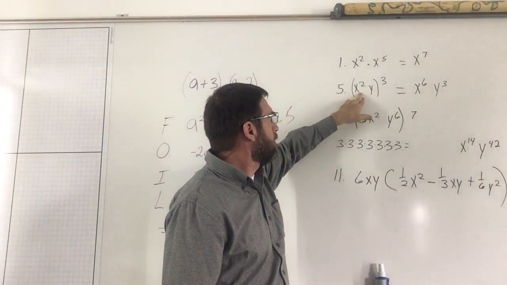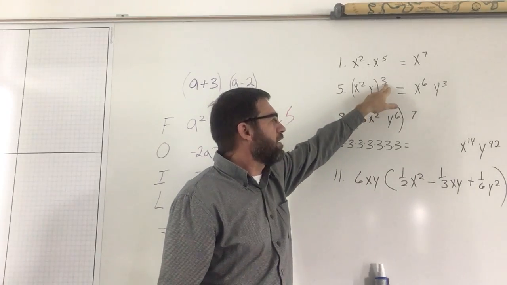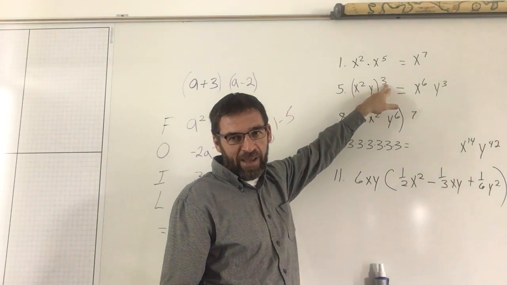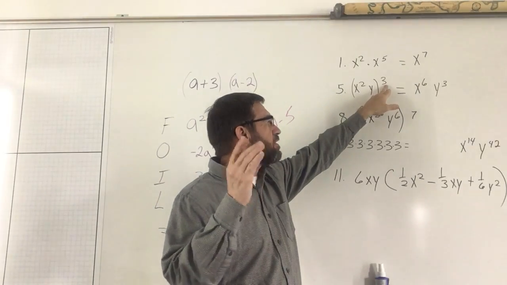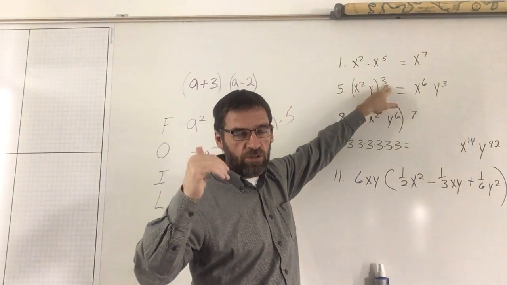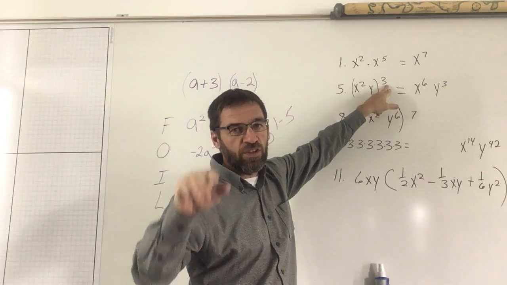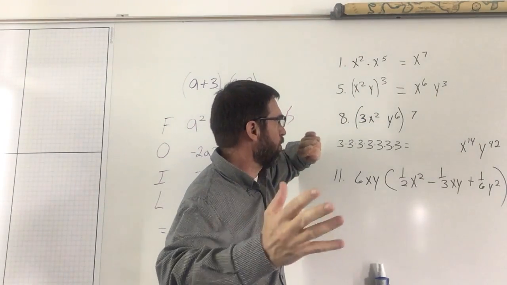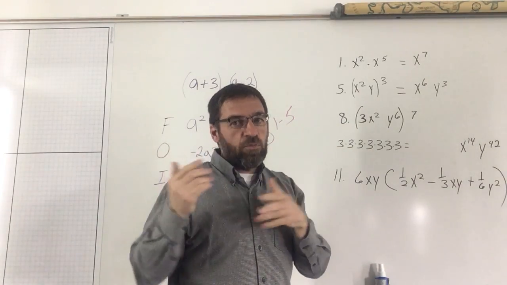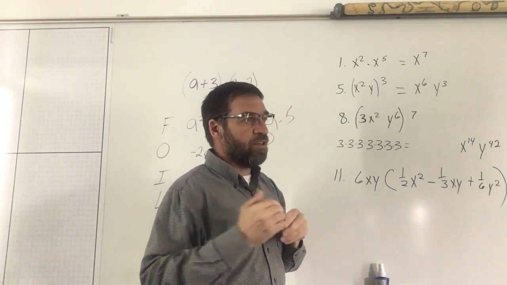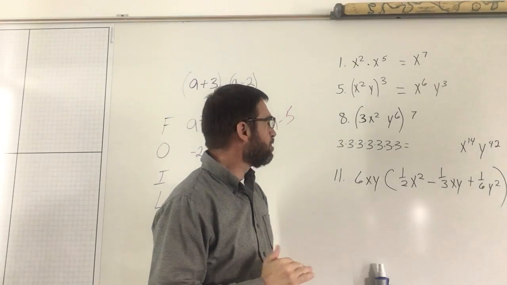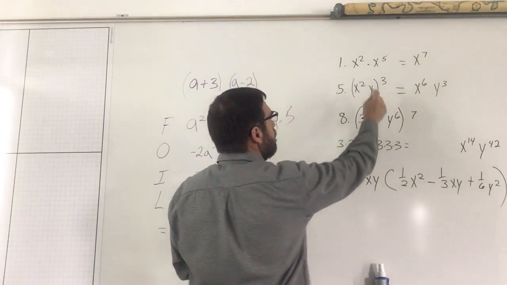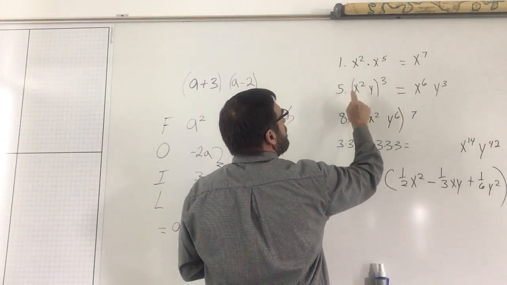X squared, y, and it's to the 3rd power. Now this is going to take you a little bit step further, and if you want to, you can pause the video and work your numbers 2, 3, and 4. That'll help you for this one. I'm going to go real fast, okay? So now you've got to go 3 times x.